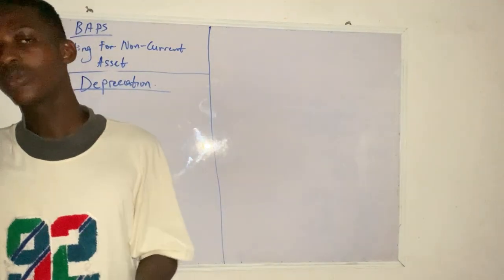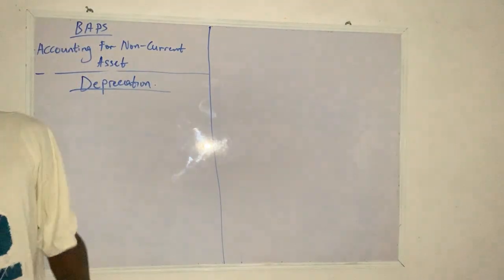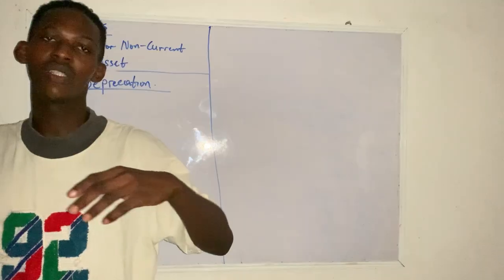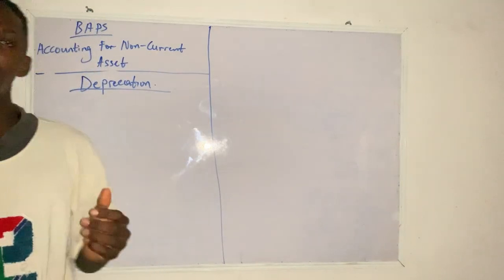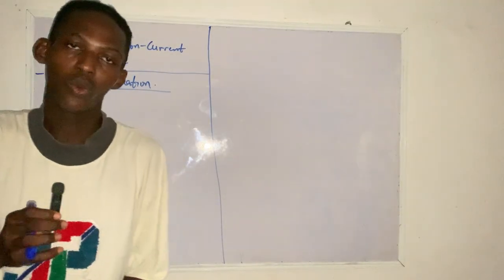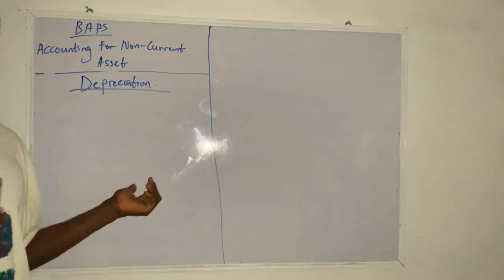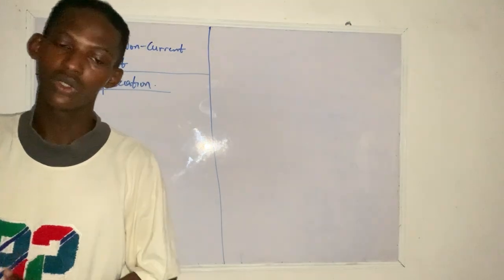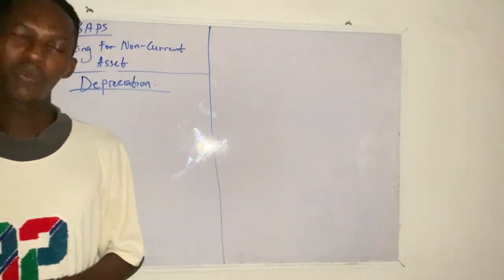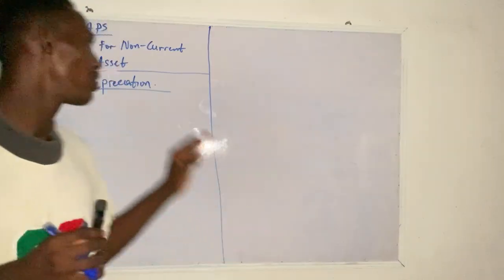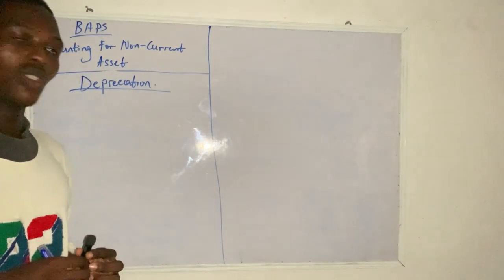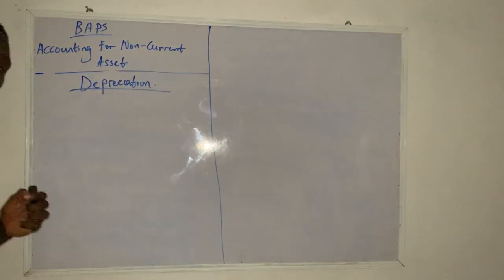For example, an asset is meant to last for 5 years. We cannot impute the total amount of the asset at once in our statement of profit or loss. So what do we do? We look for a way to expense it. And how do we expense it? Through depreciation. You understand?